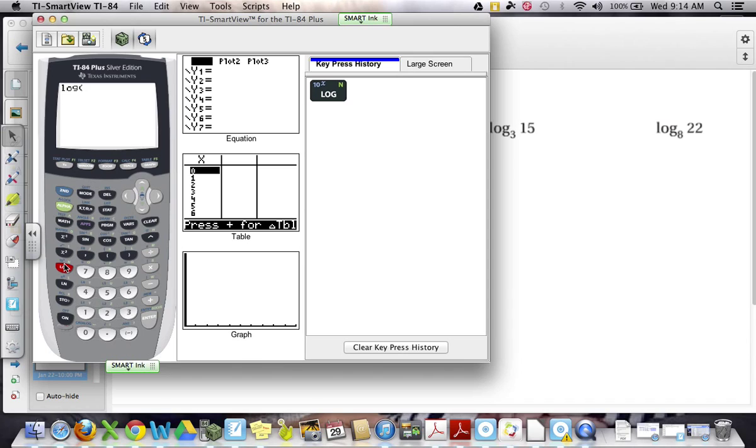We find the common log of 7 divided by the common log of 4. We type it in that way, press enter, and we get 1.403677461. So it's about 1.4.